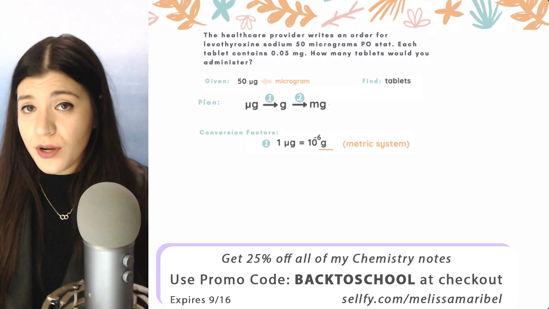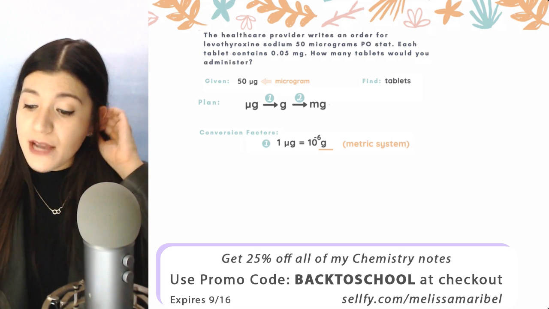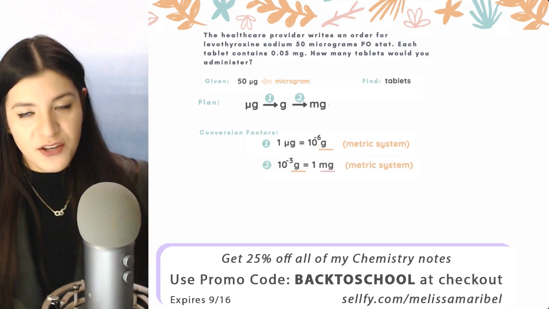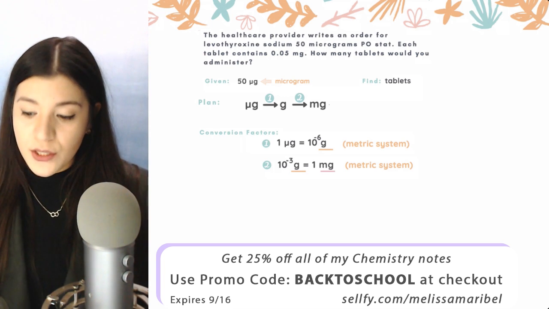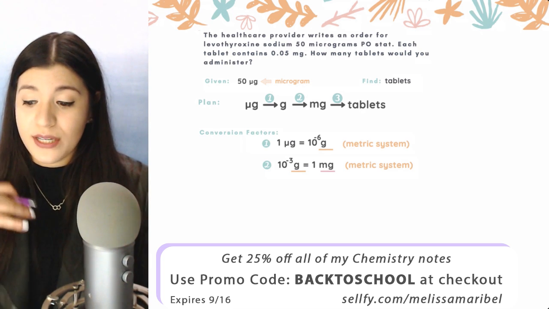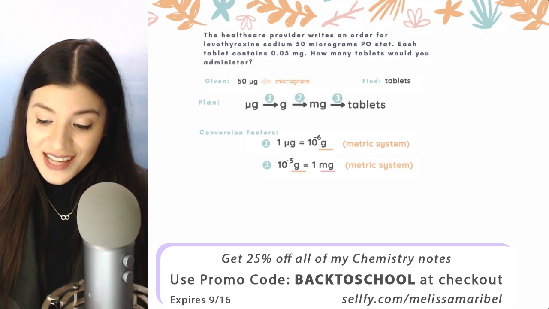So that's exactly what we're going to do. The first conversion factor comes from the metric system, since it's micro to just grams. And the same thing goes for the other one: the metric system is also used since we're going from grams to milligrams. And lastly, the one that we were actually given was milligrams going to tablets. So that's our last conversion factor.